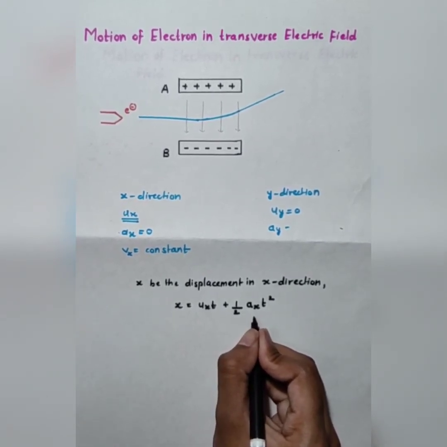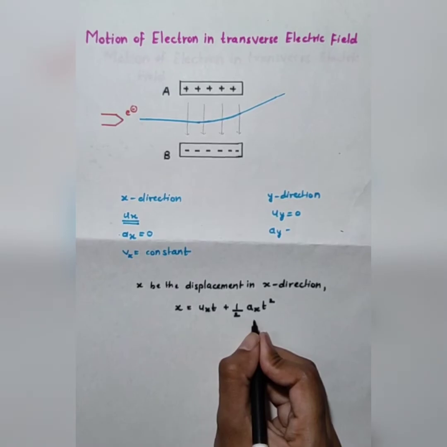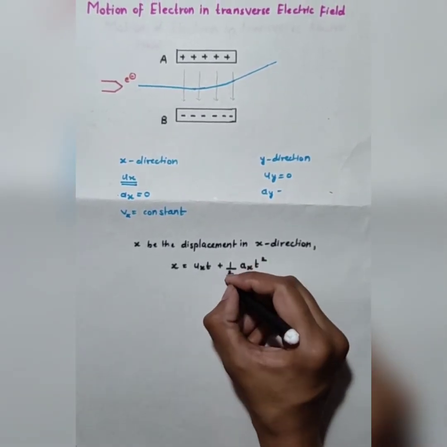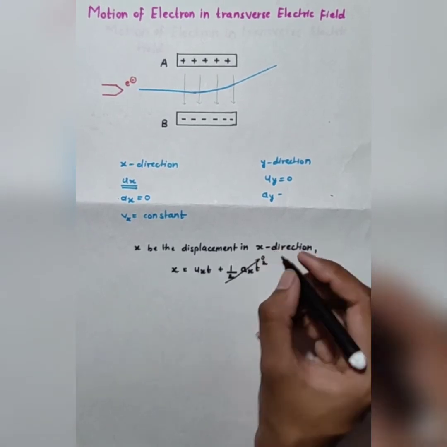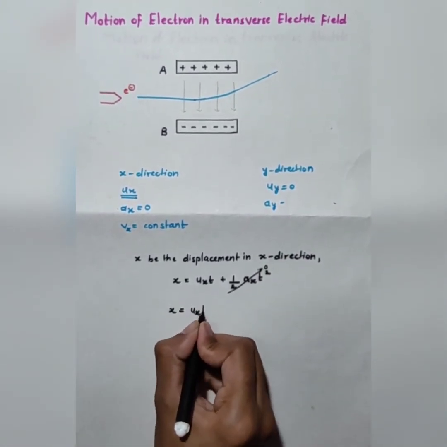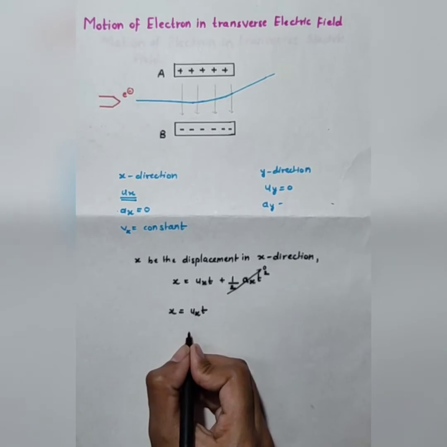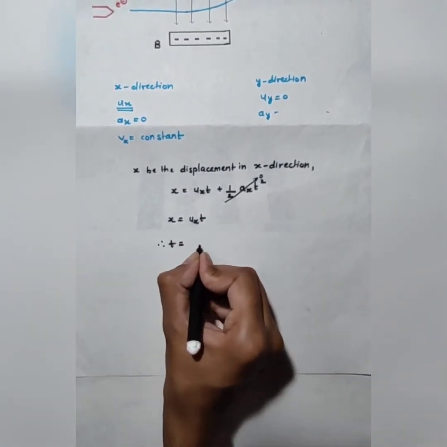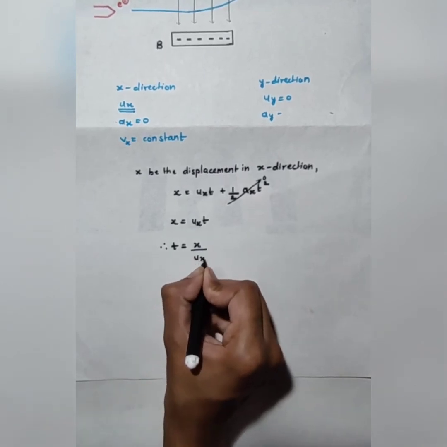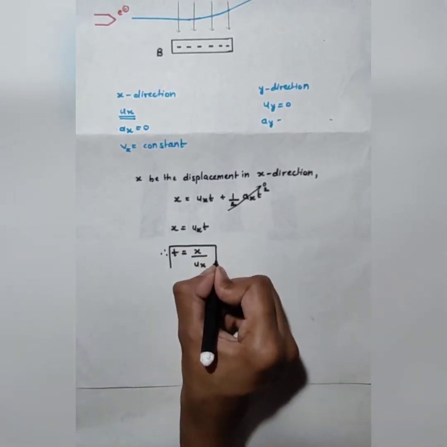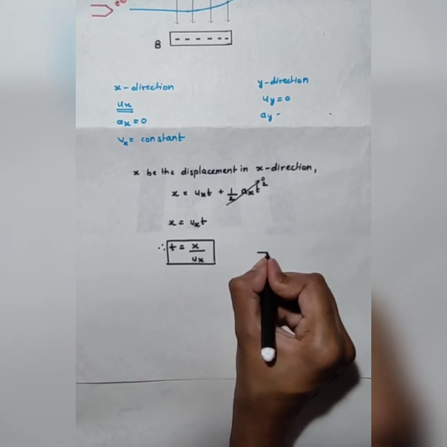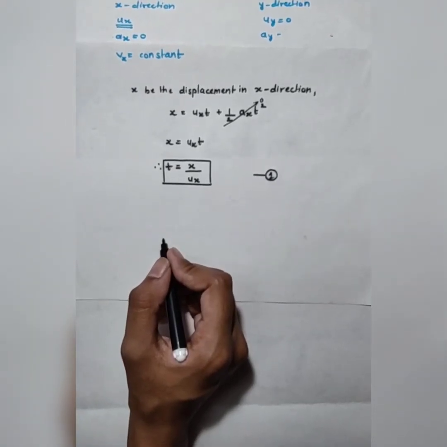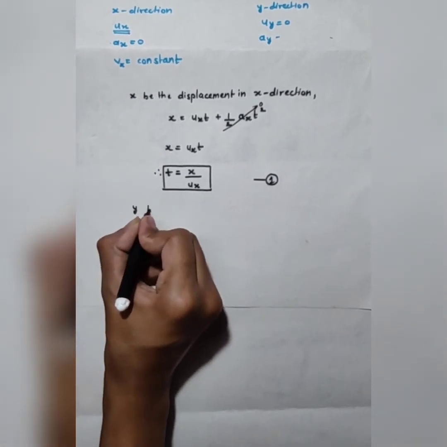As we discussed, acceleration in x direction is 0, so this whole term will be 0, and we get x equals uxt, which is motion of electron in x direction. So for time we can write t equals x by ux. Equation number 1.